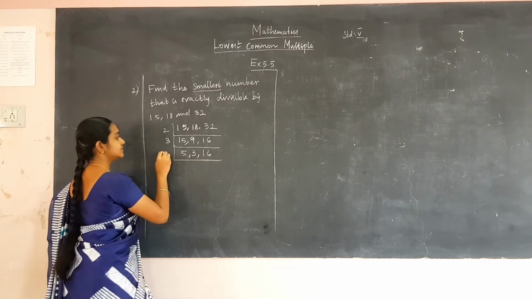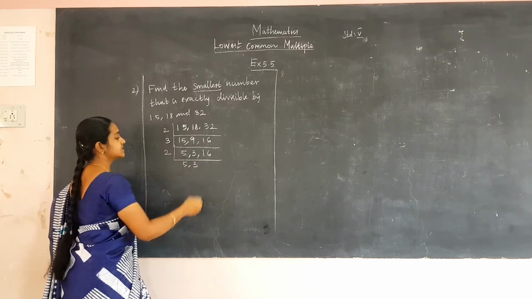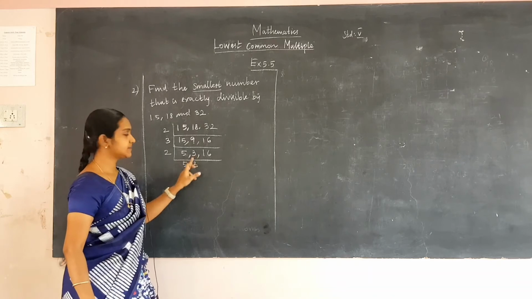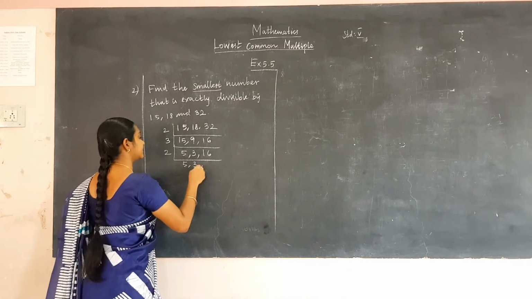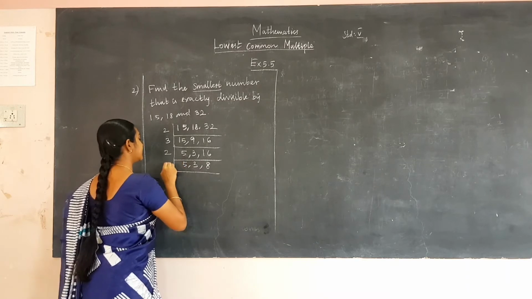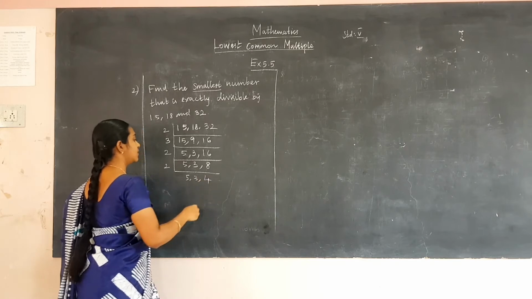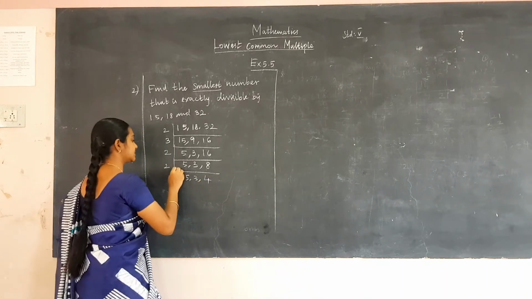Next we are going to divide it with number 2. Keep 5 and 3 as they are because 5 and 3 are not divisible by 2. 8 2s are 16. Again divide it with 2. Keep 5 and 3 as they are. 4 2s are 8.